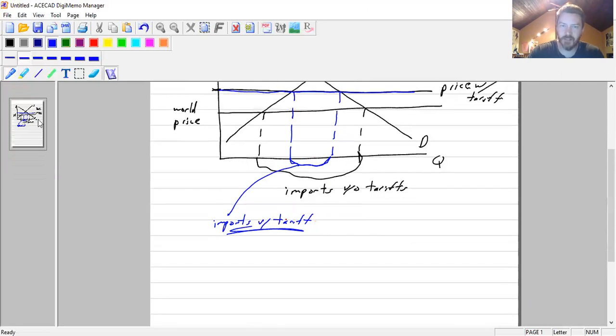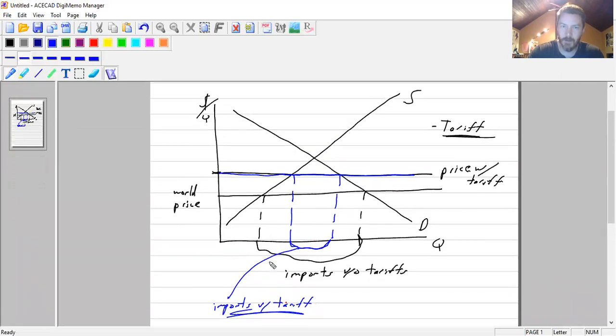Oh shoot, it scrolled down on me. Right, this big area was imports to begin with. Now the tariff has raised the price. Imports have shrunk, right? Imports with the tariff. That's not surprising. That's, to a large extent, kind of the point of the tariff in some sense.